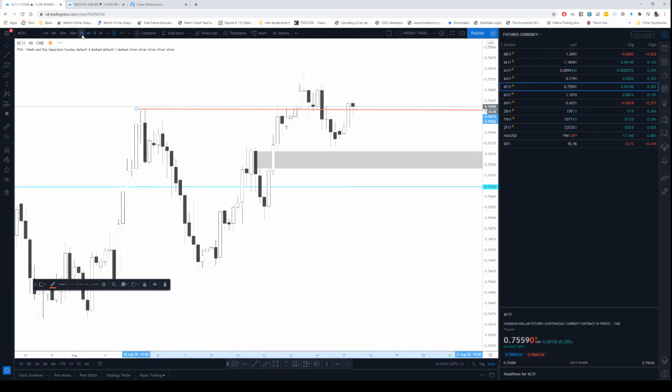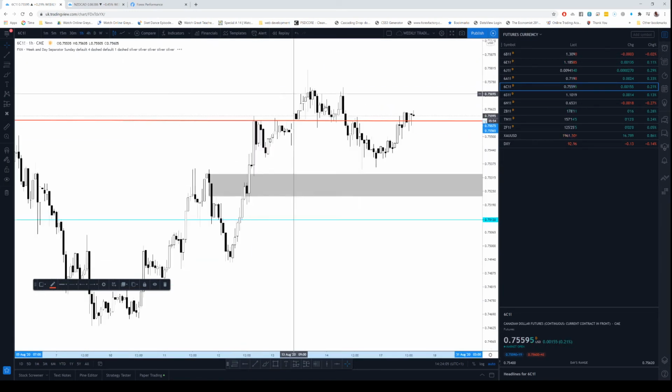If I draw back down on the hourly, right in here, that's when we were having our session. I said that because we've closed inside, this thing will be weak for the rest of the day.